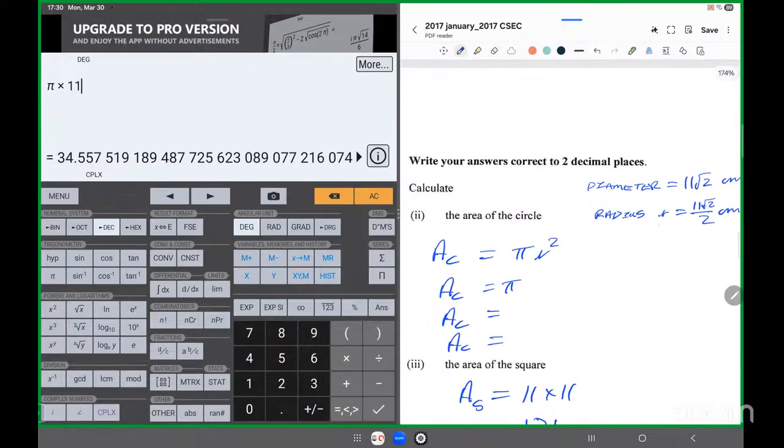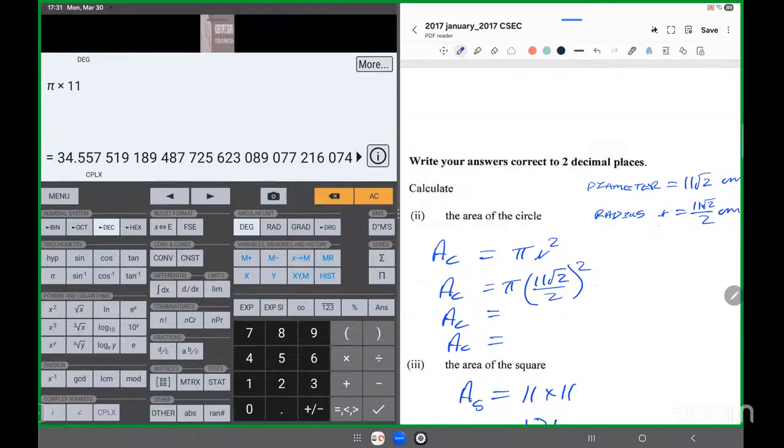So we're squaring this now, guys. We're squaring 11 root 2 over 2, that's the radius. I'll just put it in the calculator and see what we get.